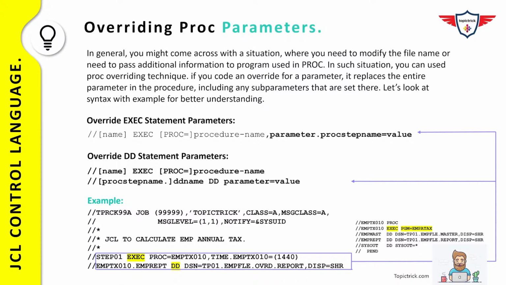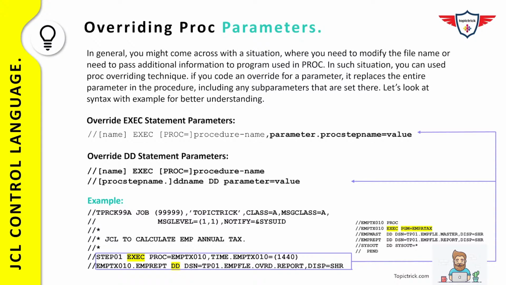And in the next step, what I've done is I've overridden the DD statement. If you notice, EMP is an employee report. If you look at the catalog procedure, it has a DSN name as TP01.EMPLOYEEFILE.REPORT. And in my JCL, I've just replaced the name with a different file.